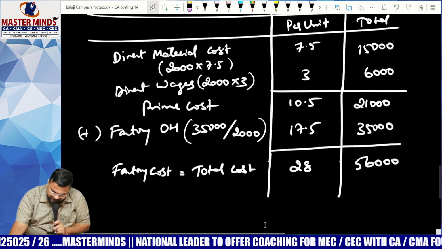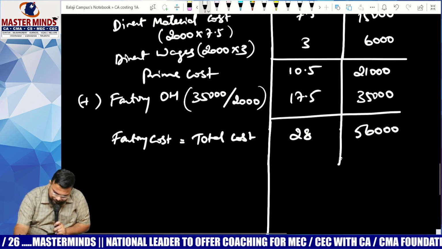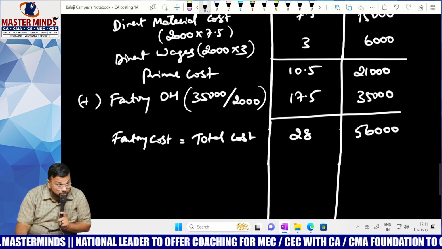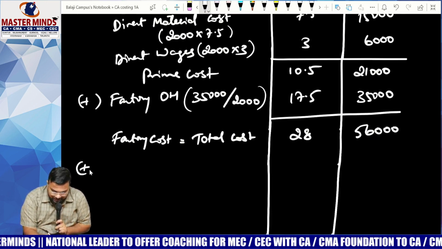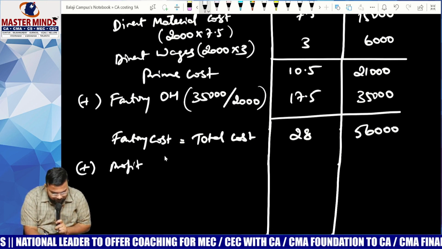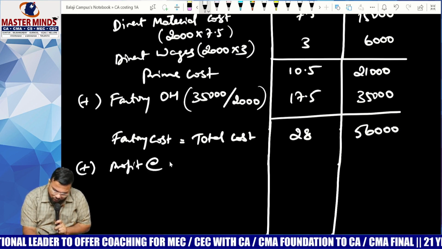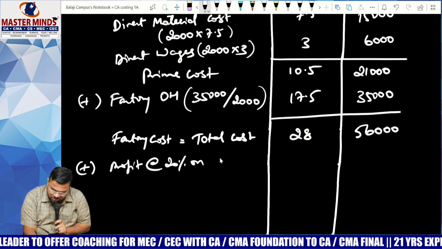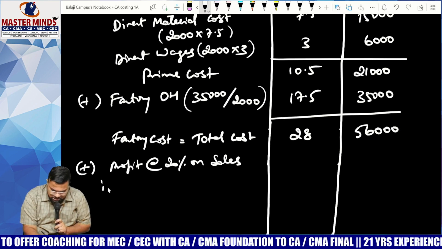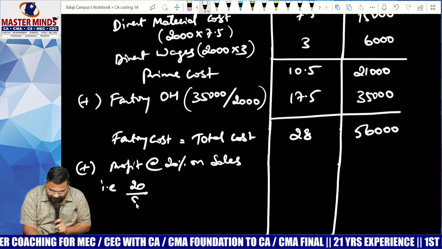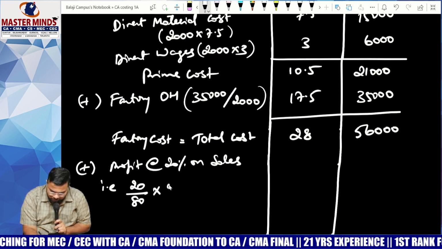How much is the profit given in the question? 20% on selling price, which is 20 by 80 on cost. So plus profit at the rate of 20% on sales, that is 20 by 80 on cost into 28.